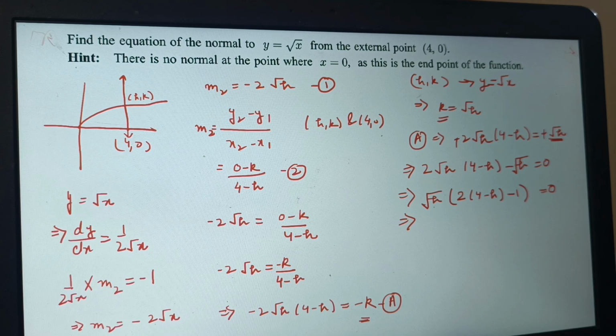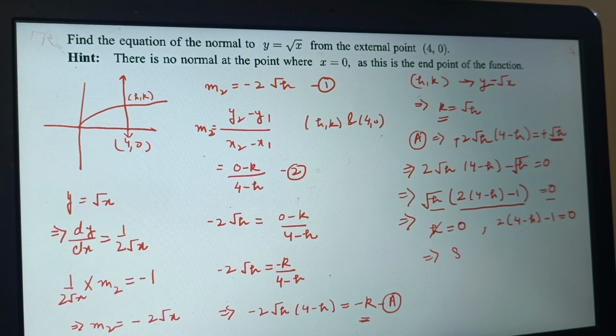So now either h is 0 or this whole expression is equal to 0. But h equal to 0 means my x is 0, and x equals 0 is not possible because it is the end of the function, so there can't be a normal at this point. So we will ignore h equals 0 and just consider 2 times 4 minus h minus 1 equals 0. Now let's solve this.